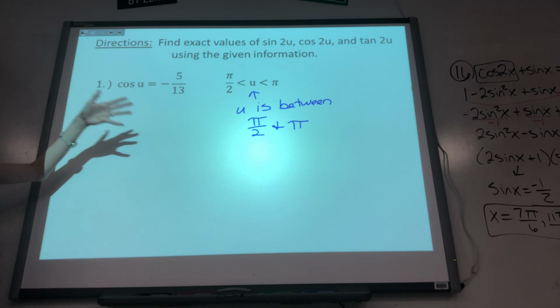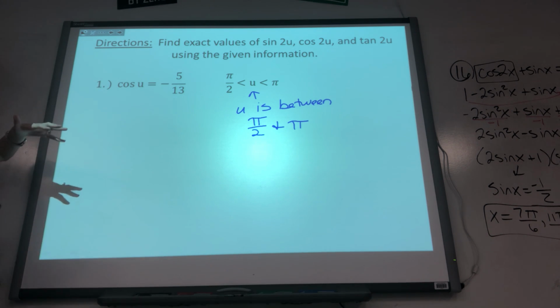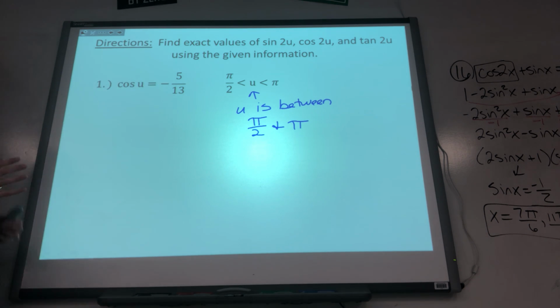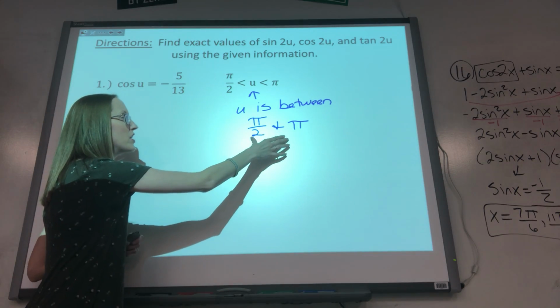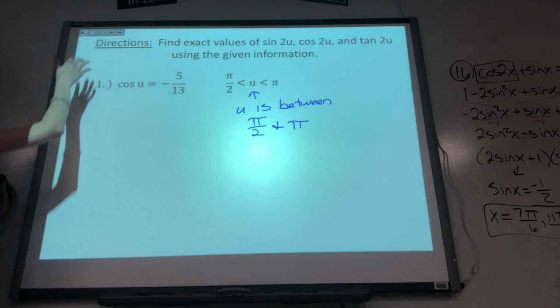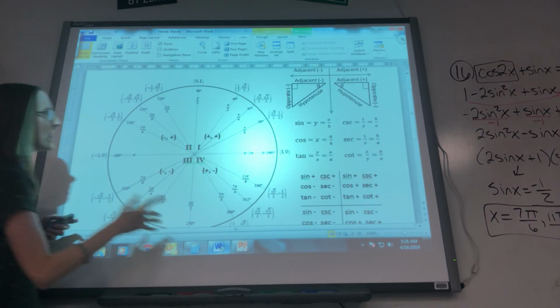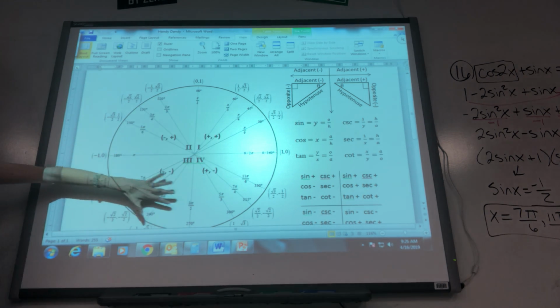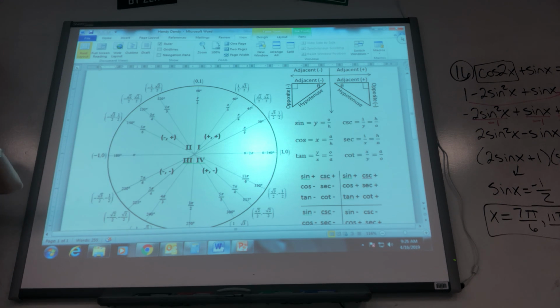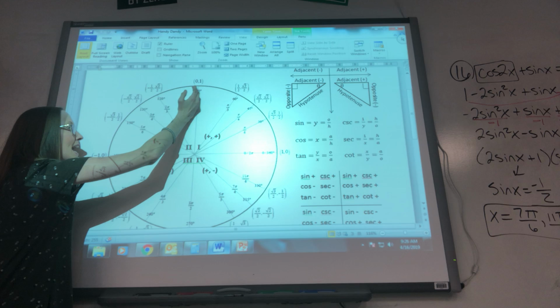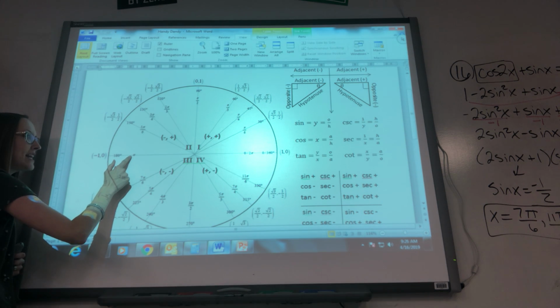So if we're going to construct a right triangle to help us get our labels done and to help us with all of those double angles, I need to first figure out what quadrant I'm in. Now, I'll pull up the unit circle. You might have yours in front of you. And it said u is between pi over 2 and pi, which is right here.